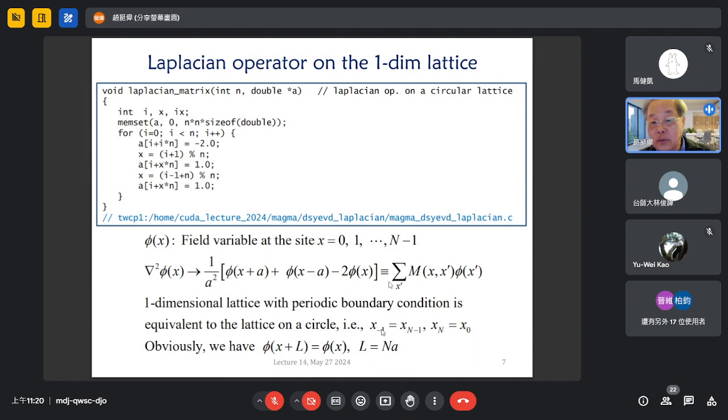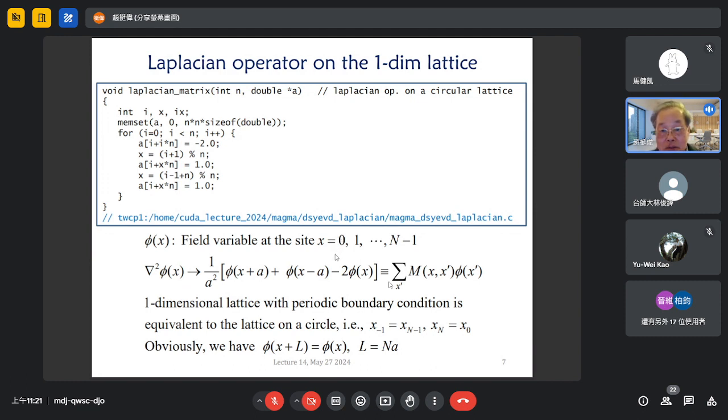The periodic boundary condition is that x_n is x_0, with x running from 0 to n-1. So x_{-1} is the same as x_{n-1}, and x_n is the same as 0.